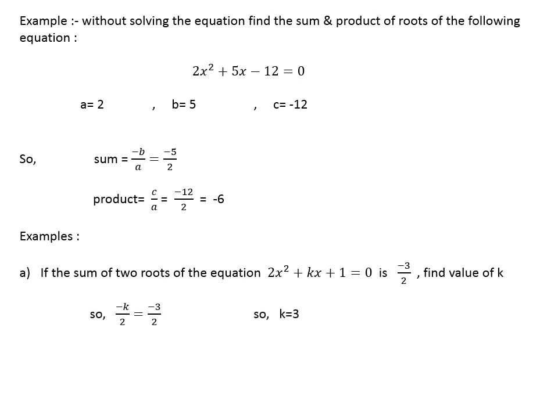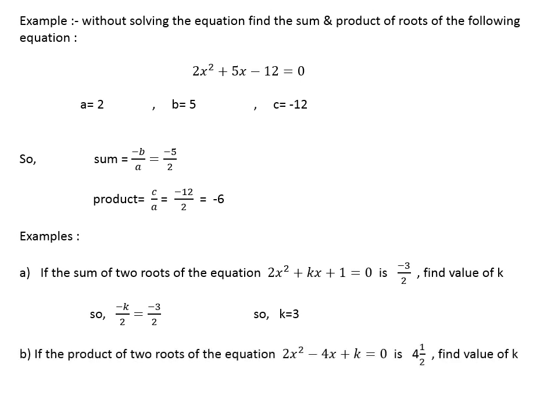We equate it with negative 3 over 2, which is the given sum. So negative k over 2 equals negative 3 over 2. We eliminate 2 with 2, and we get negative k equals negative 3, which is k equals 3.